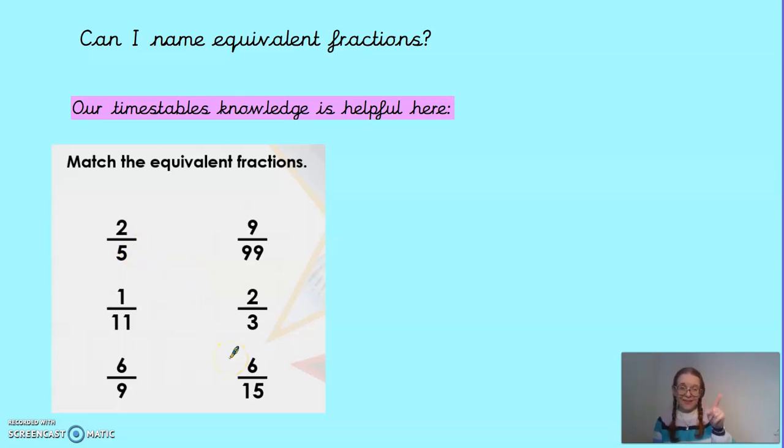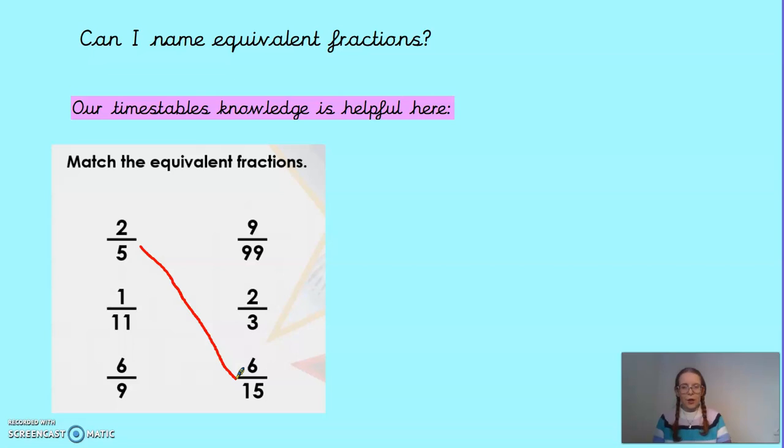Now 15 is a multiple of 5. Before I've connected it though, I've got to double check that my numerator and my denominator are being multiplied by the same amount. So 5 times by 3 gives me 15, and 2 times by 3 gives me 6. So they are connected.